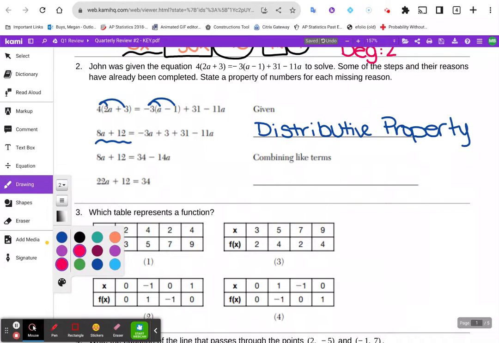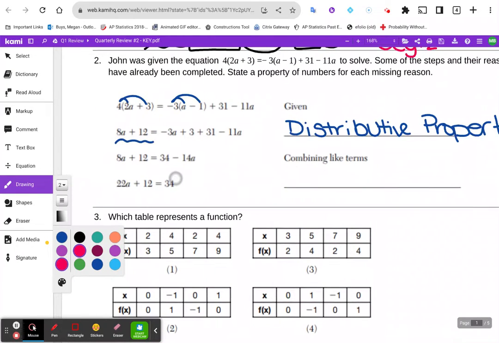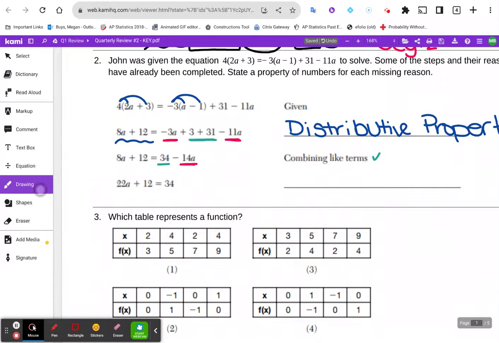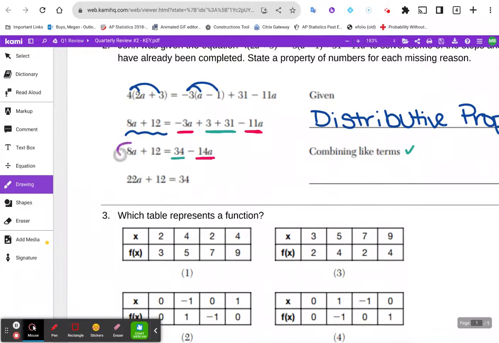Now, I combine like terms in the next stage. So what they did here, if I'm looking at my combining like terms, I can see that -3a and -11a became -14a, just like I can see 3 plus 31 became 34. So that's what they did over here. But now I want to look at what happens. If I'm looking at what changed in here, I can see my 8a changed to a 22a.